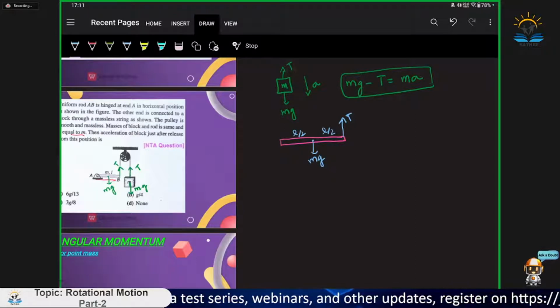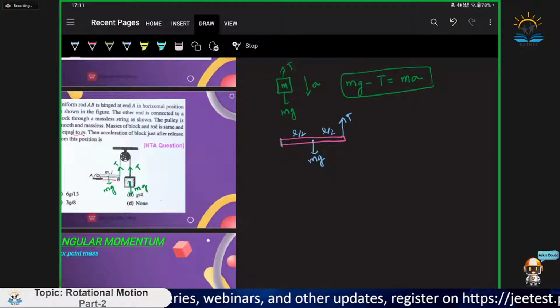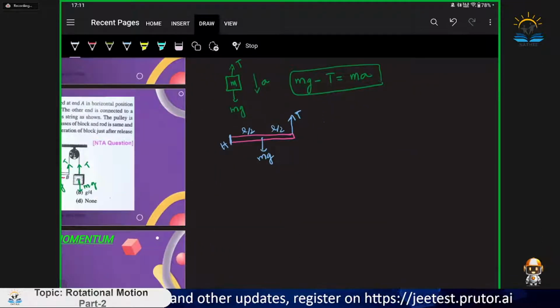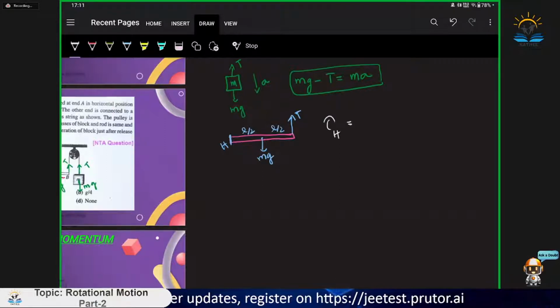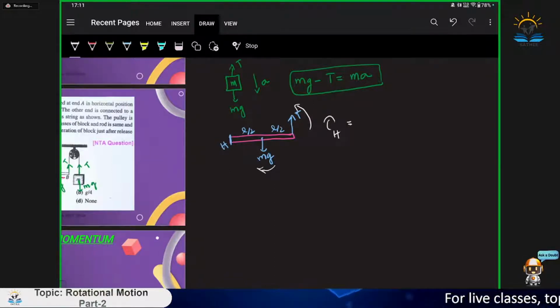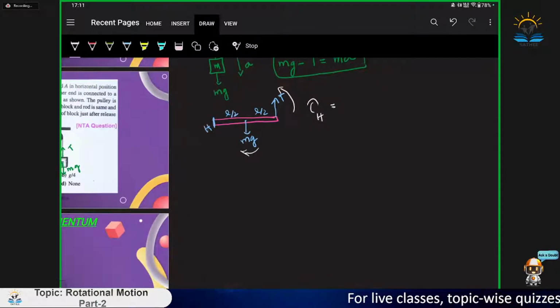So the net torque, if this is the hinge point H. Torque about the hinge point will be how much? Torque due to tension will be in this direction, and torque due to mg will be in this direction, R cross F. Both are in opposite directions, so we have to subtract.